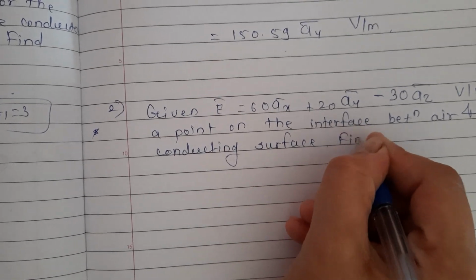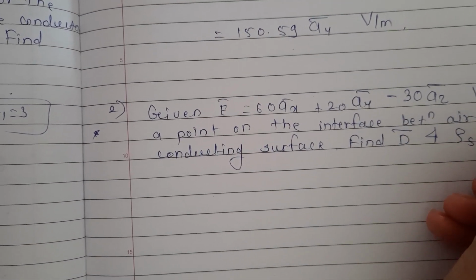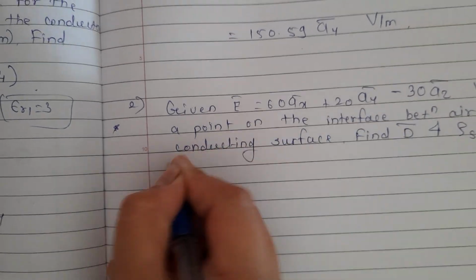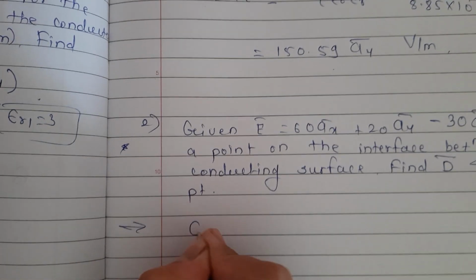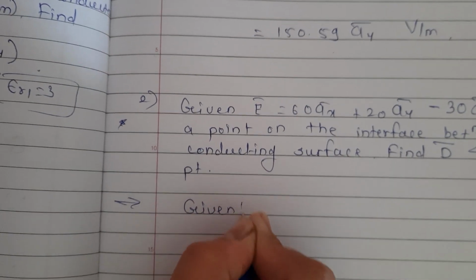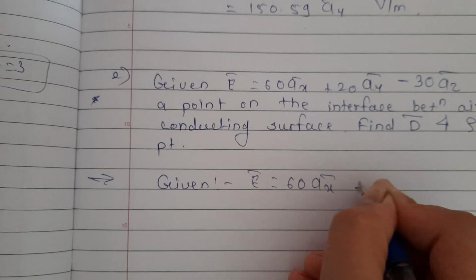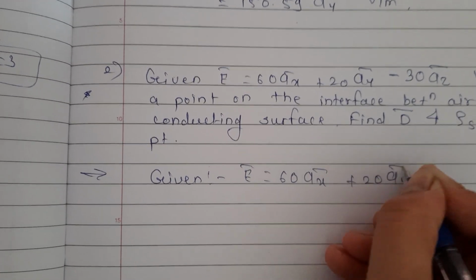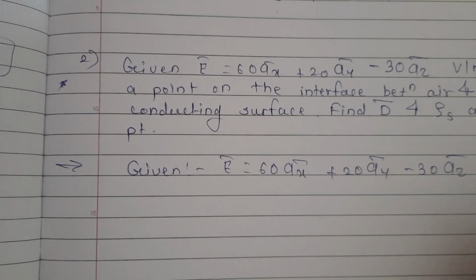Find D bar and rho s at that point. Now what is given? Given is E bar is equal to 60 ax bar plus 20 ay bar minus 30 az bar volt per meter.